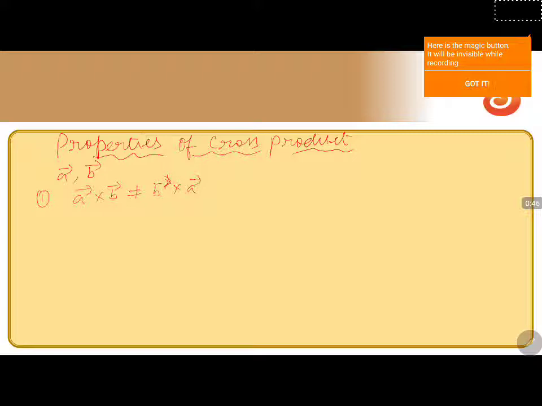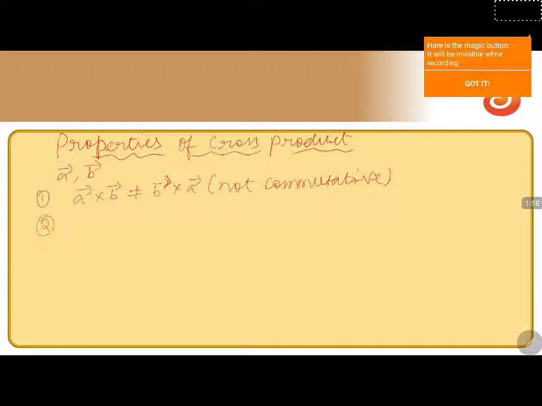So when A cross B is not equal to B cross A, we call this the property which is not satisfying the commutative property. It shows that it is not satisfying the commutative property.